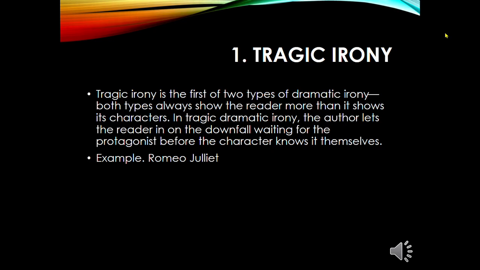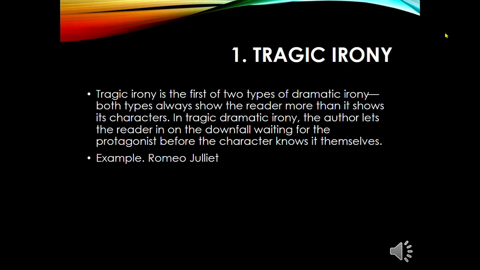Both types always show the reader more than they show the characters. In tragic irony, the author lets the reader in on the downfall waiting for the protagonist before the character knows it themselves.